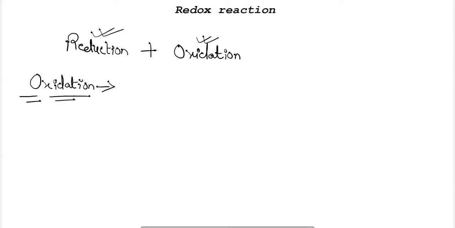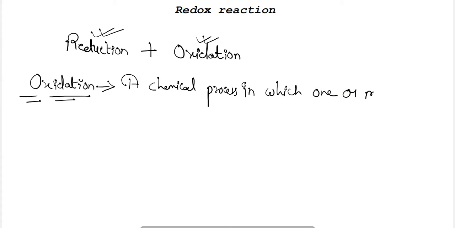But now we will consider the oxidation reaction on the basis of the losing of electrons. On the basis of this, if we define the oxidation reaction, it is a chemical process in which one or more electrons are lost by an atom.